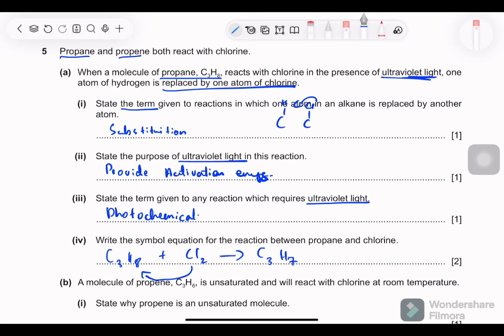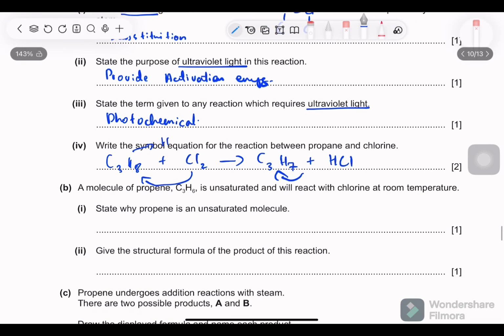There are a series of reactions which end up like this, but you do not have to remember all of them. Just this equation will suffice. And the remaining one Cl, as these were two chlorine atoms: one combined with this, and when this hydrogen left, it reacted with the Cl forming HCl. There is a mark for this as well.